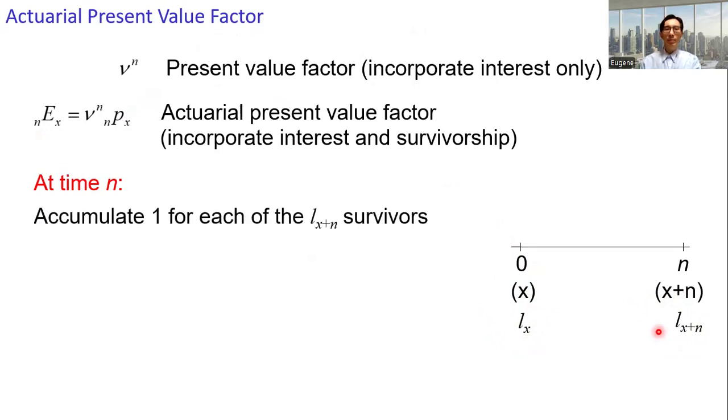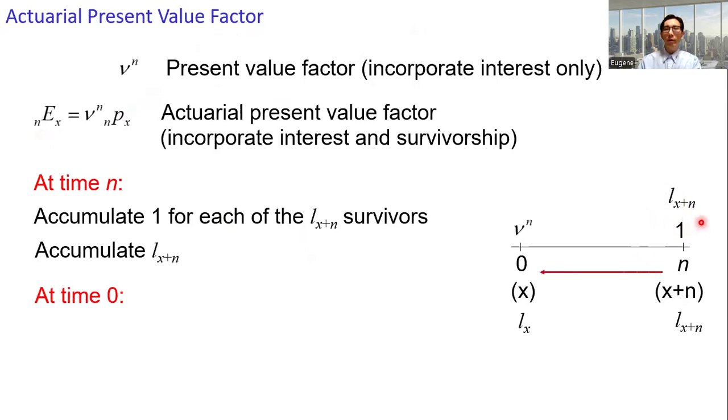At time n, suppose we want to accumulate $1 for each of the l(x+n) survivors. That is, at time n, we need to accumulate l(x+n) dollars. At time 0, for $1, the present value is v to the power n. And for l(x+n) dollars, the present value is v^n times l(x+n).